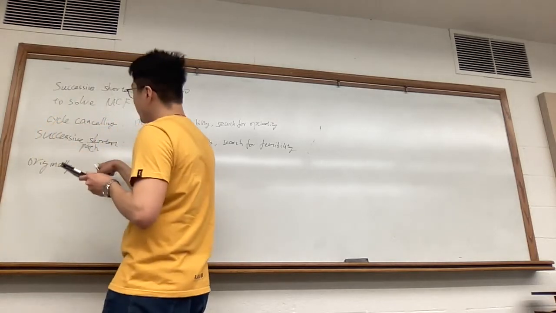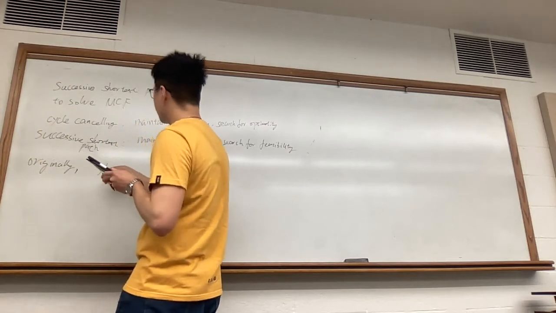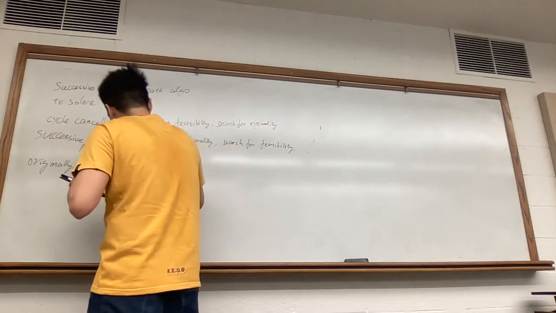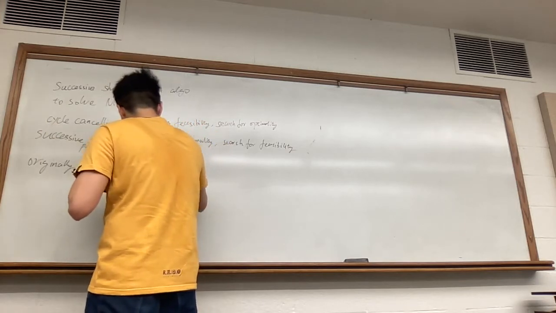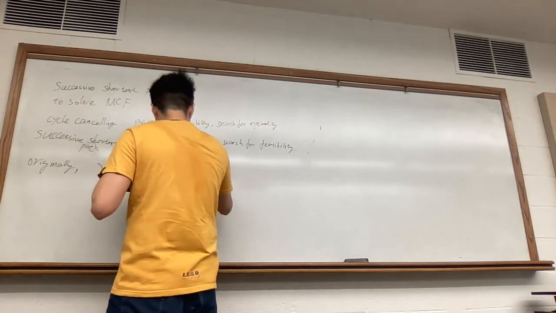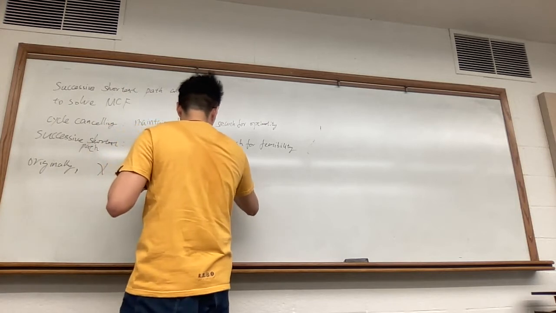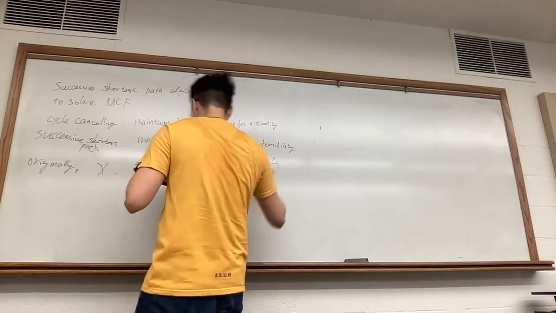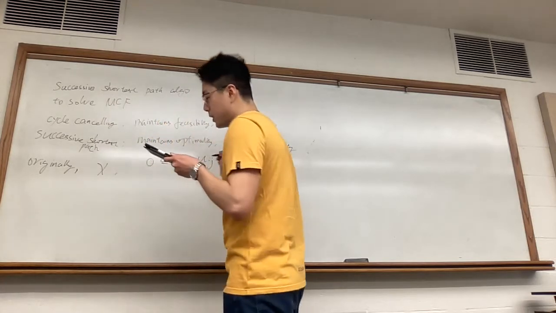So originally, we have some solution X which is not feasible, but it only satisfies 0 less than or equal to xij less than or equal to uij for any ij in the arc set. This is satisfied.